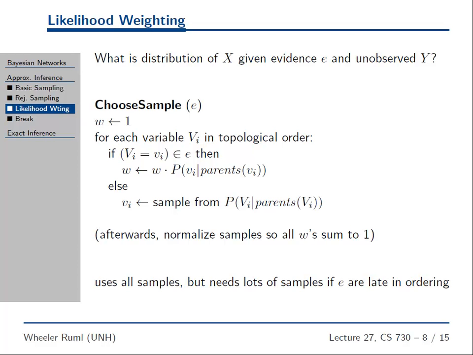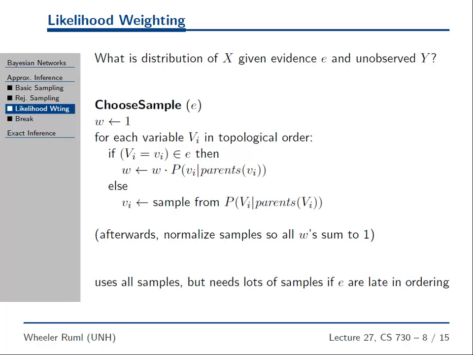Now we're weighting them all the time because we're always going to set the variable to match E, but the parents might have different values. So when the evidence is actually likely according to the parents, then that sample is going to count more. And then at the end, once you've taken 1,000 samples or however many you wanted, normalize all the weights so that the total weights sum to 1. Then you do the same counting we would do before about X, but you weight the counts according to the weights of the samples.